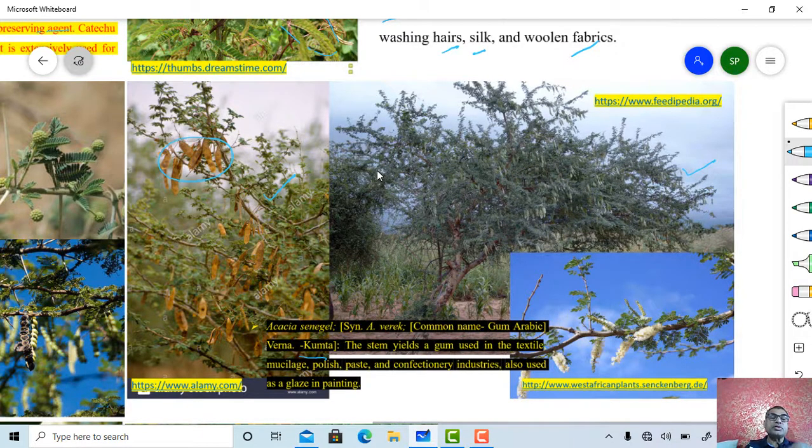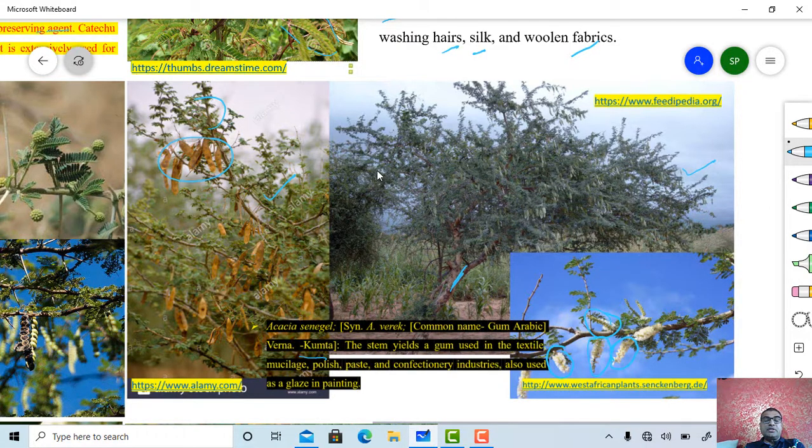These are the pods, these are the leaves, and if you see here, these are the regions where inflorescences are present. So completely pinnately compound type of leaf is present, then woody habit is present, and legume or pod type of fruits are also present.